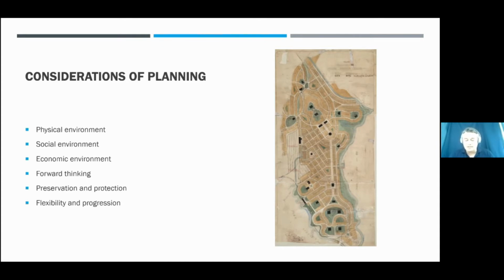That's what I meant by forward thinking, and that brings us to the next point, which raises a very important issue: preservation and protection. Preservation and protection will give us the cultural lineage backwards and forwards as well.